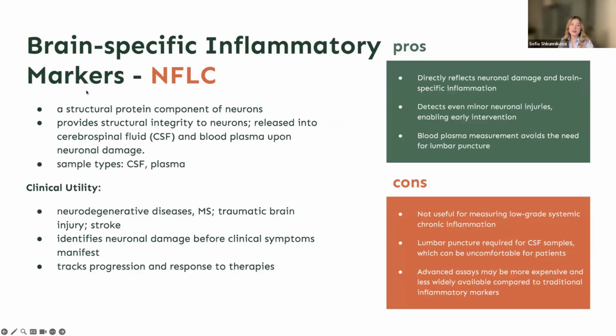So this inflammation is, again, localized, and it can be used in patients that have either MS or traumatic brain injury or stroke. And the good thing is that it identifies neuronal damage before clinical symptoms manifest, so it can be used to track progression and response to therapies as well. But unfortunately, because we're talking about systemic inflammation, it is not useful in that.